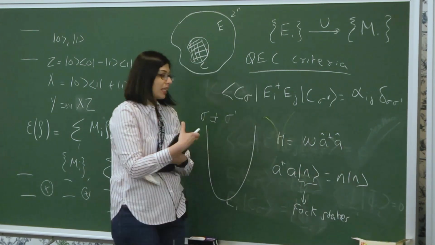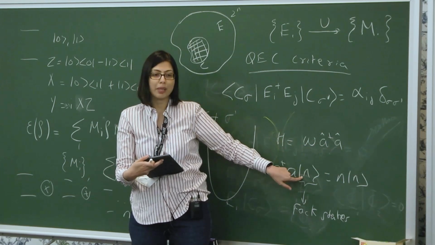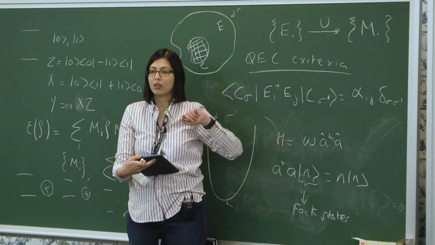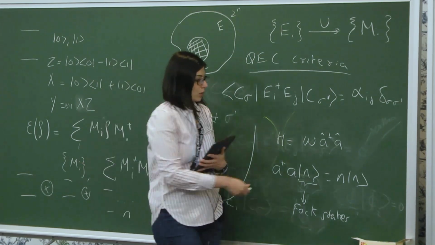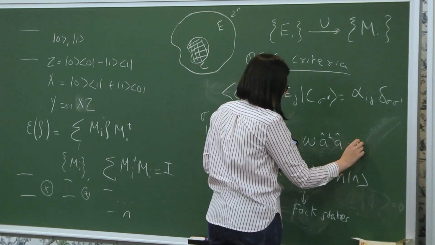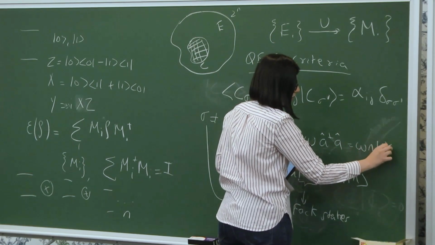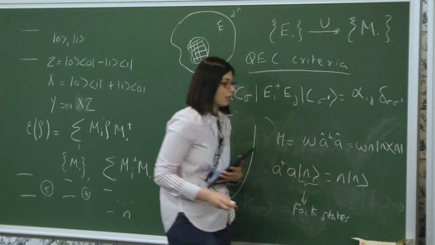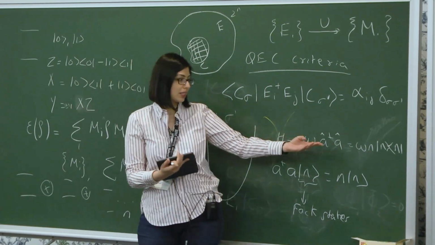And the energy is unbounded from above, so these Fock states go from n equal to 0 to n equal to infinity, basically. So you can write this as omega n. The eigenstates are the Fock states.